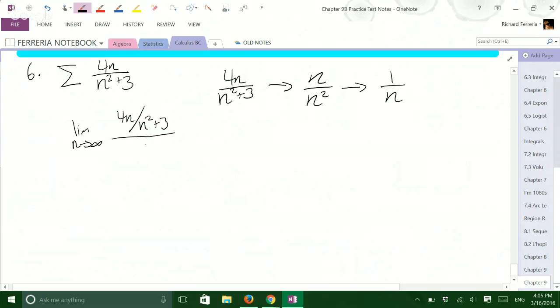Take the p-series, put it on the bottom, and simplify. Four n squared over n squared, that simplifies to 4 over 1. This limit is 4, which is a constant, a number between 0 and infinity.